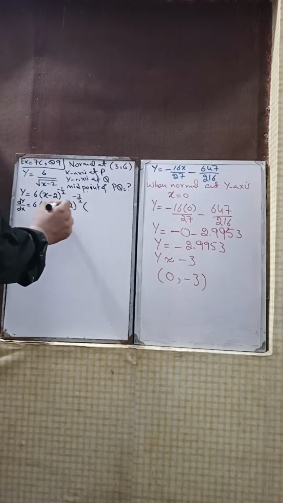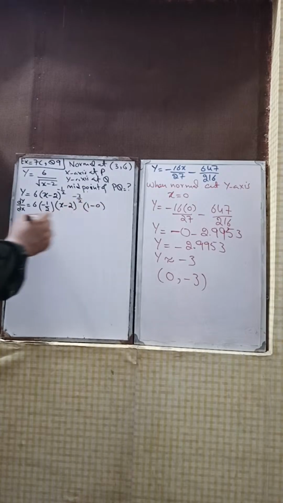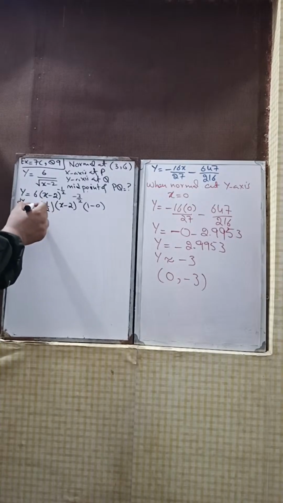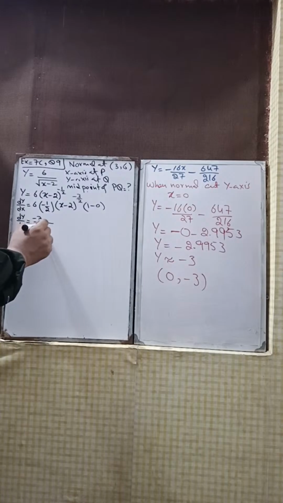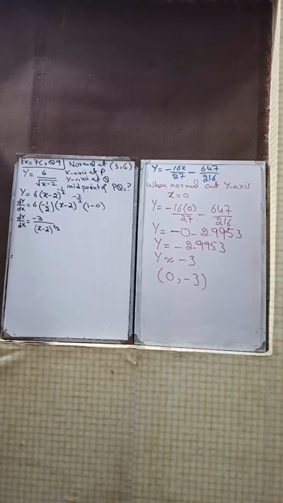And then I will take the derivative of the base, that will be 1 minus 0. So dy by dx will become minus 3 divided by (x minus 2) raised to power 3 by 2.